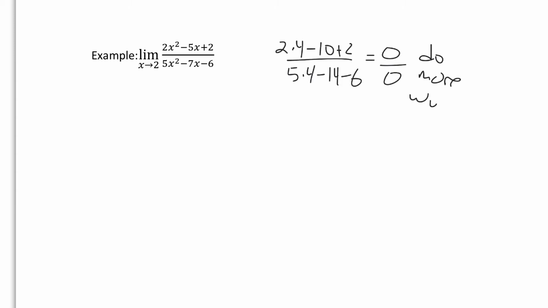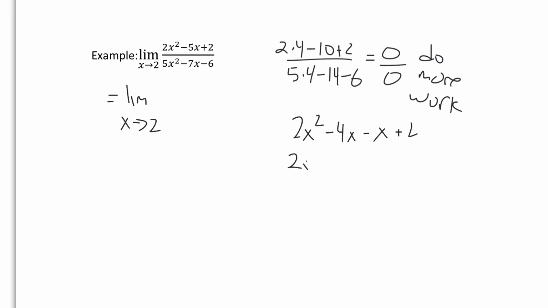Do more work. Well, go ahead and pause the video and try to do that work. Try to factor these two polynomials. Try to cancel something. See if you can actually get the correct answer. All right, so I'm assuming you gave it a try. Here's the following factoring. So I'll do it on the side here just to make sure. We would do 2x squared minus 4x minus x plus 2.